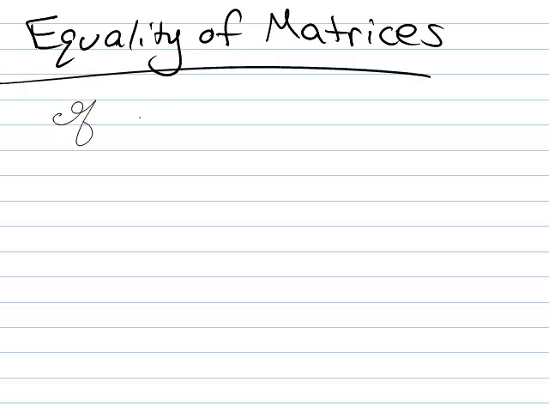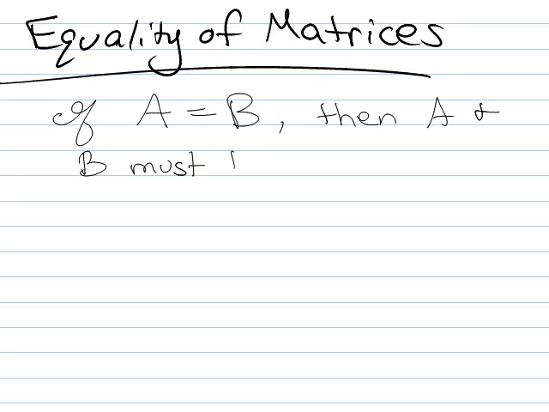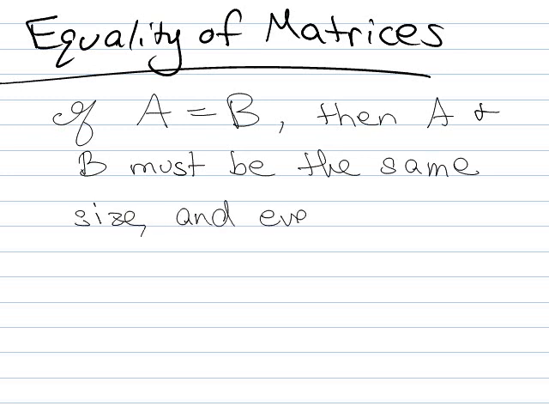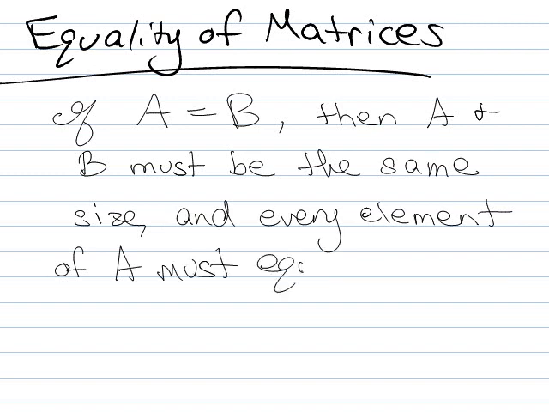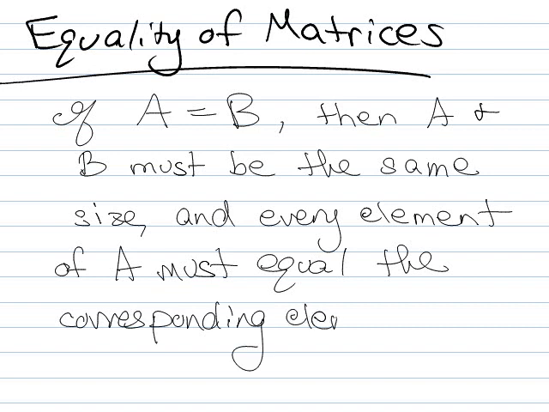And that's the following. If A equals B, if I have two matrices that are equal, then A and B must be the same size and every element of A must equal the corresponding element of B. Okay?